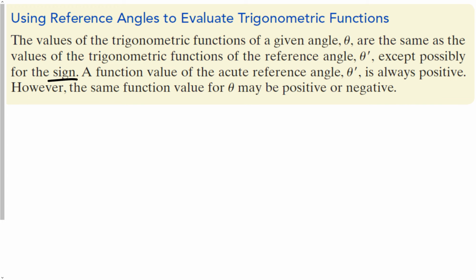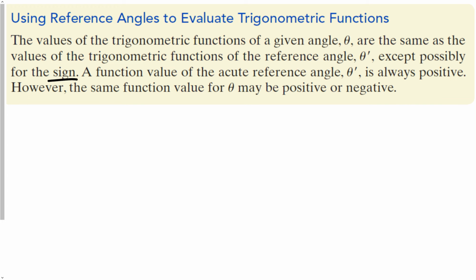So what that means is if we take the idea of changing this angle to its reference angle, then I can memorize all the trig functions of all the special angles in the first quadrant, and I don't have to worry about the rest of the unit circle if I just memorize the whole first quadrant.